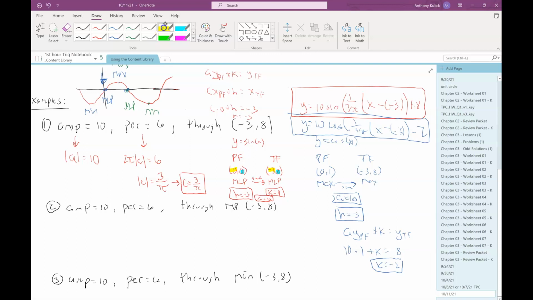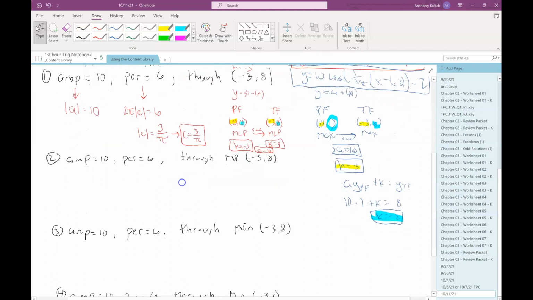The same thing was not completely true for cosine. The x-coordinate from the transform function was still our h, but notice here that the y-coordinate wasn't the same as the k, and the reason is that the parent function y-coordinate was not 0.